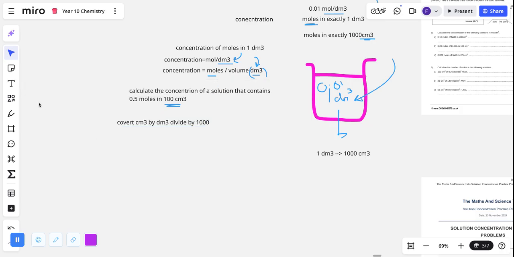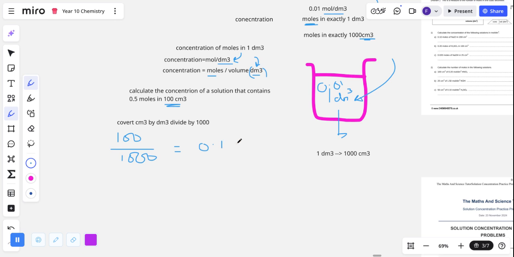Right? So that's it. I'm going to take my 100 and divide it by 1000. Do not do this in your head. Use a calculator and it's 0.1. The number of year 11s that write down 10. It's like, dude, no. You've done 1000 divided by 100. All right? Use a calculator, chuck it in, you get 0.1.